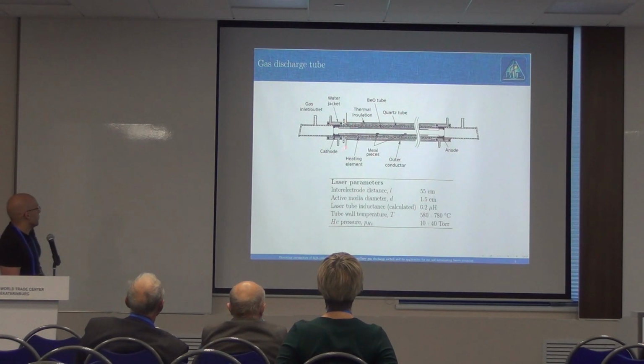It is a rather common construction with an additional external heater in order to control metal pressure independently from the input power from a generator. Here you can see the parameters.